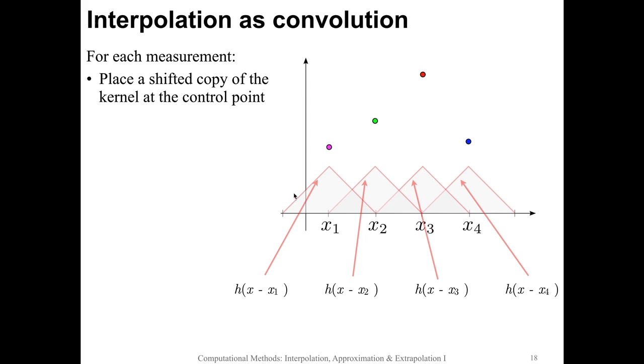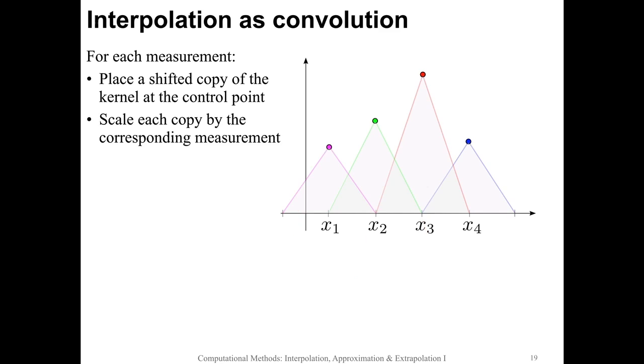So this will be h, but evaluated at x minus x1. That centers it here. And h at x minus x2 is this kernel here, centered over x2. And h of x minus x3 is centered here. And the final one is h evaluated at x minus x4. So it's just shifted copies of the kernel for each knot point.